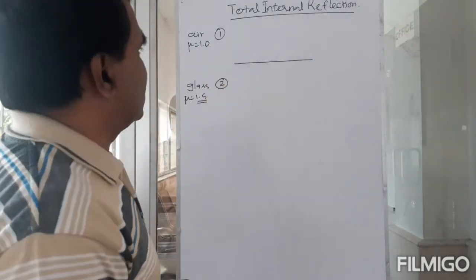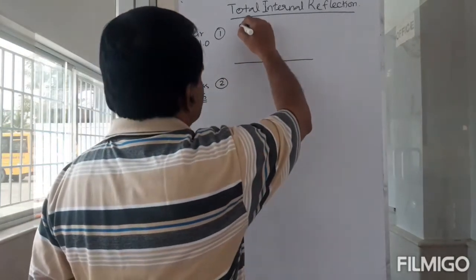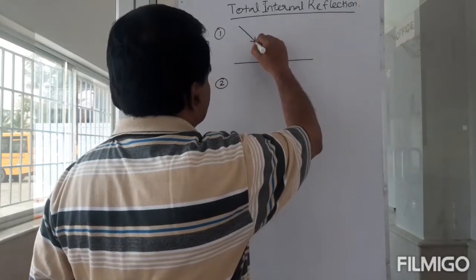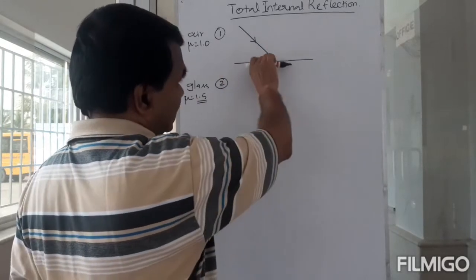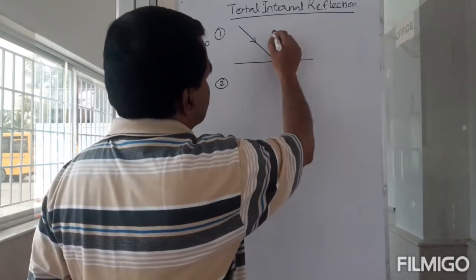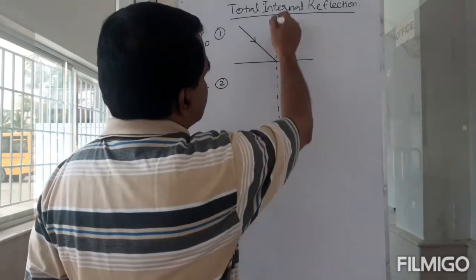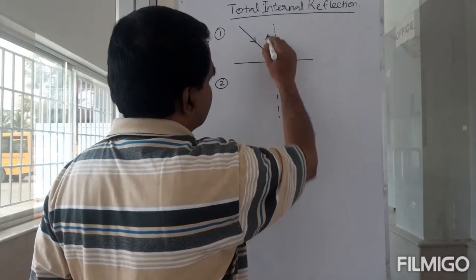Suppose I have a light ray that comes and hits this surface. This is the normal at that point, and this is the angle of incidence.